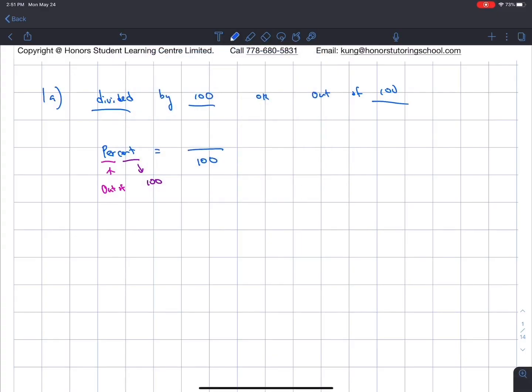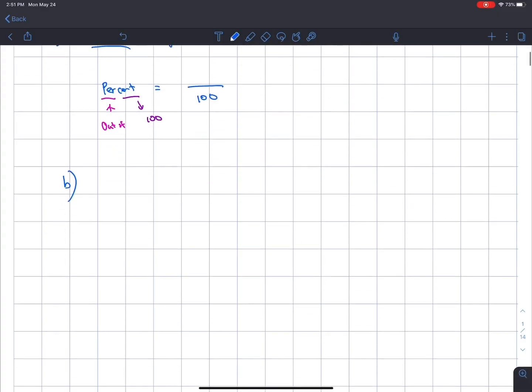Okay, and then B, to change a percent to a decimal. So if we want to go from percent to decimal, we divide by 100.